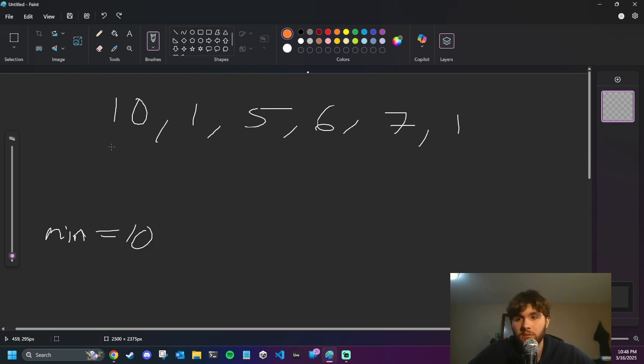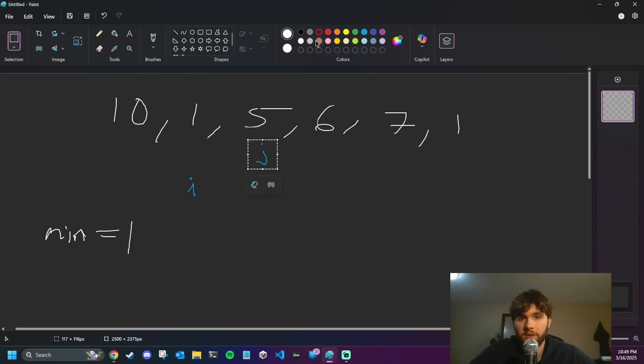So our min starts here. I'll just say we have like I and J. So our minimum starts here. The max profit we can get here is a -9, but we found a new minimum. So this becomes 1.